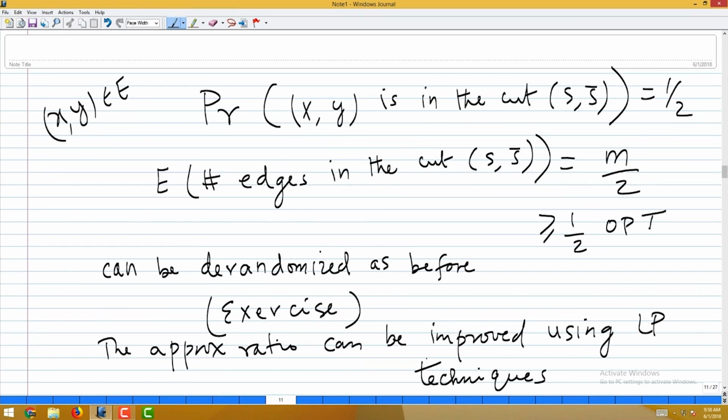Again, linear programming and even more extended version called semi-definite programming, which has been picked up in the last 10 years, using which this approximation ratio has been improved from half to 0.878 or something. Okay, you can bring it close to 1. So, you can find a cut which has a large number of edges compared to the optimum.